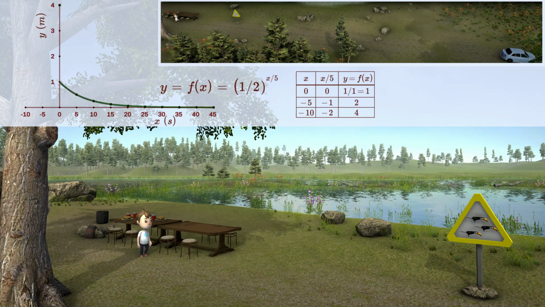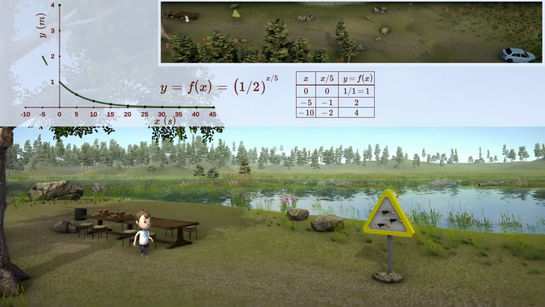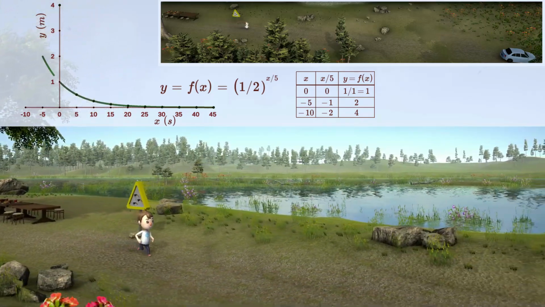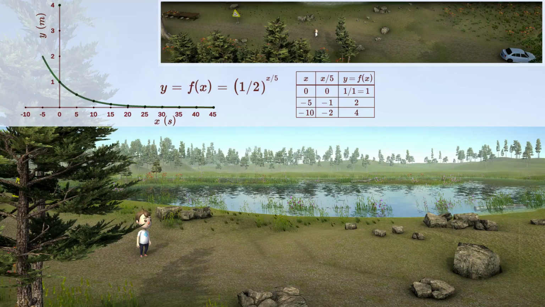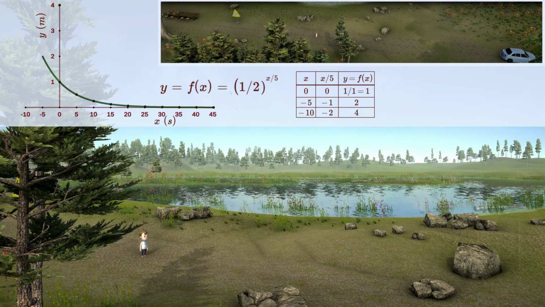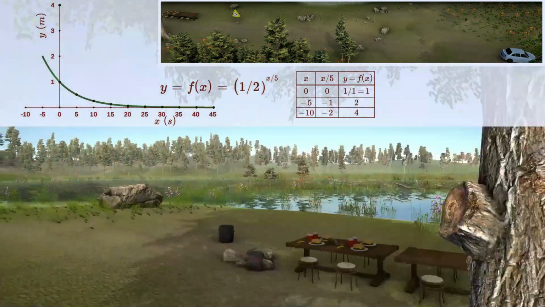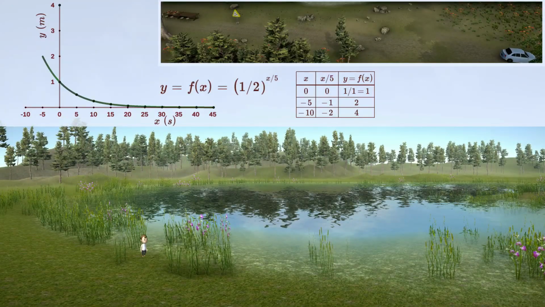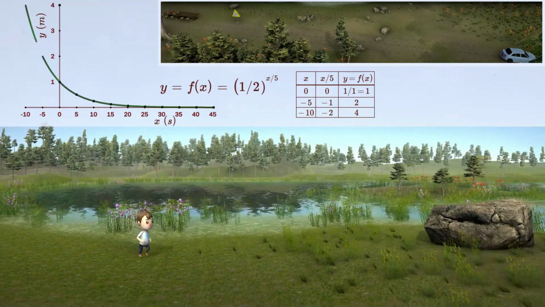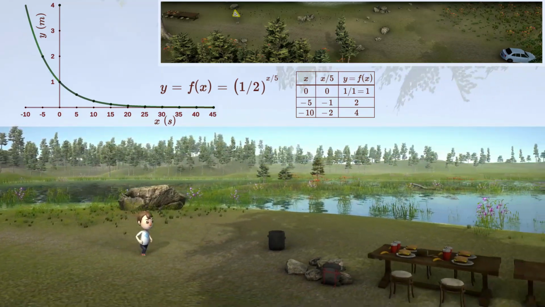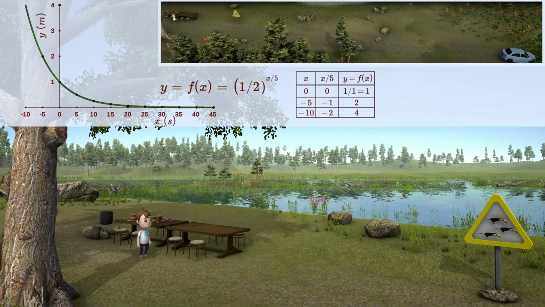And in those 5 seconds, he could walk 1 unit closer, or rather jog, or it'll take him way too long. And what about the previous 5 seconds? Then he would have had to start 4 units away from his car and run 2 units closer in 5 seconds. We see that the distance y doubles for every 5 seconds that x moves to the left, and halves for every 5 seconds that x moves to the right.